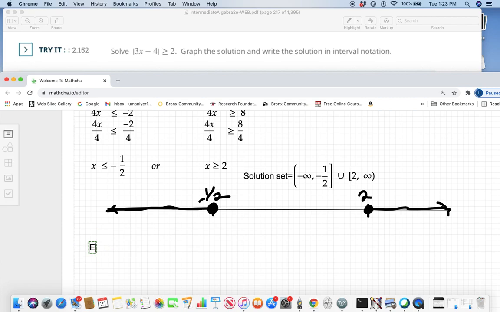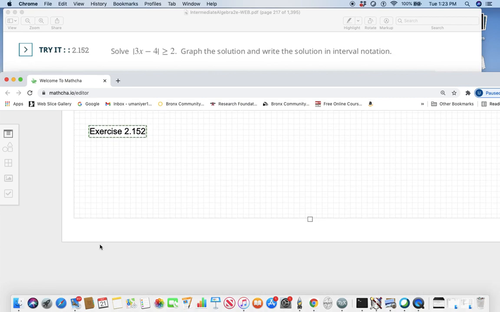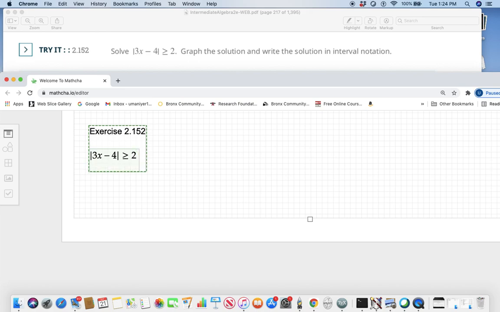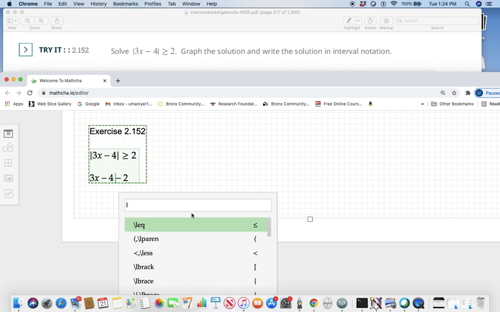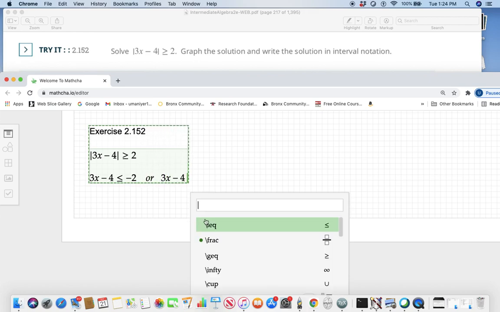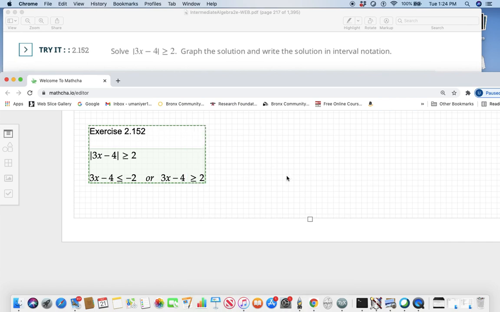This is exercise 2.152. Absolute value 3x minus 4 greater equals 2. By now you probably notice on the negative side it is less equals, or on the positive side it is greater equals.